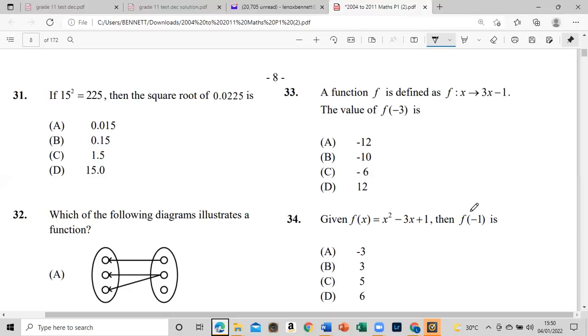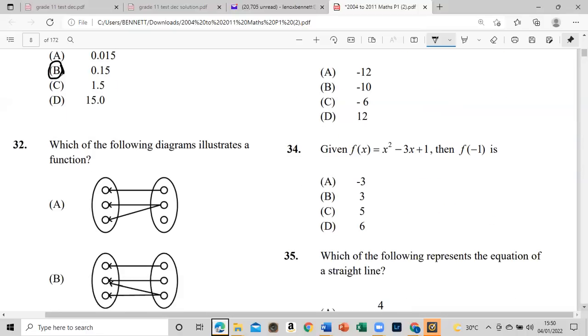Yeah, which number multiplied by itself? 4 decimal places. 1, 2, 3, 4. Has to be this. Alright, so that will be 0.15. I like it though. Absolutely awesome. I think it's the first time I've seen a question like that.